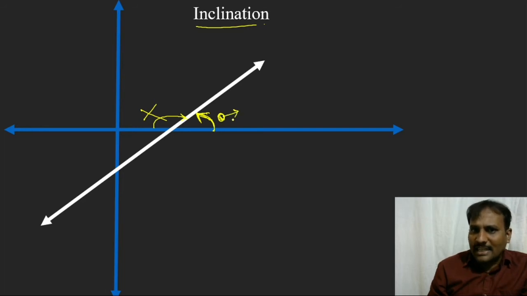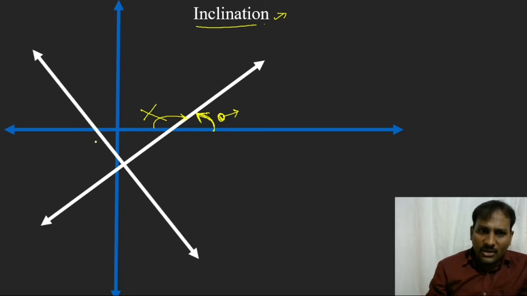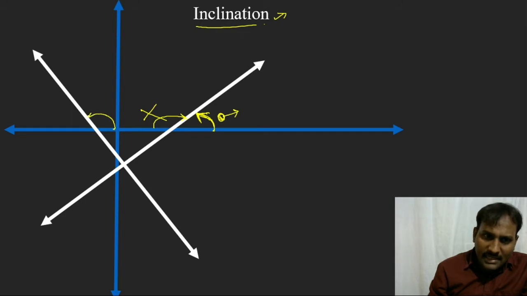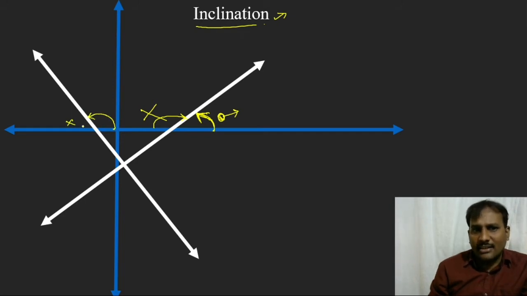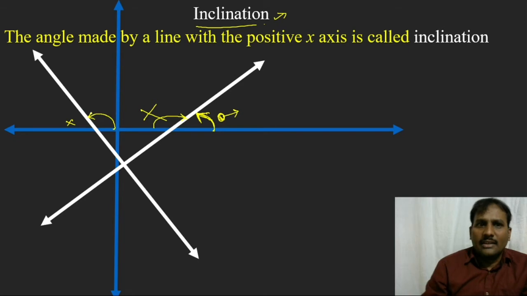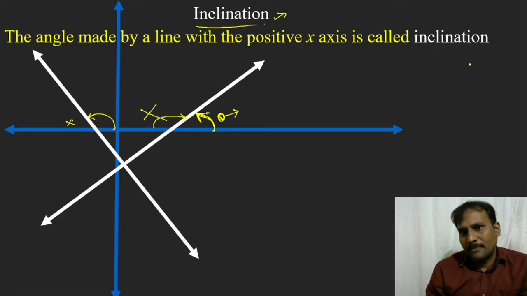So this theta is called as inclination. So how much angle it is making, that is called inclination. Okay, so here we have to consider this. This is the inclination here, not this. So the angle made by a line with the positive x-axis is called inclination.